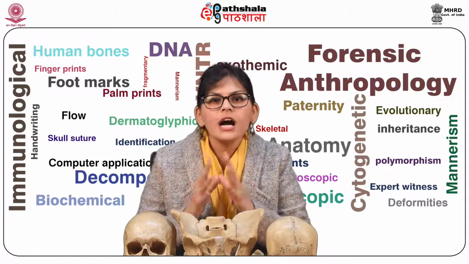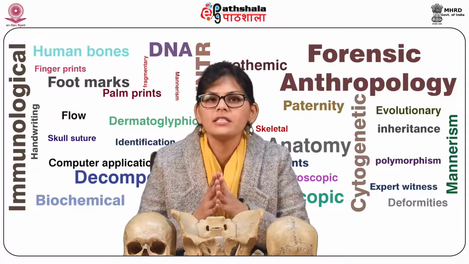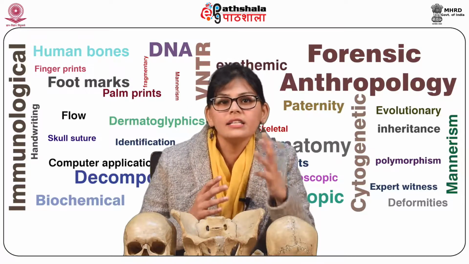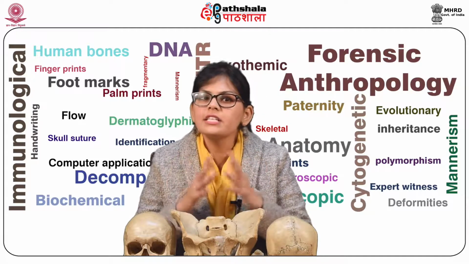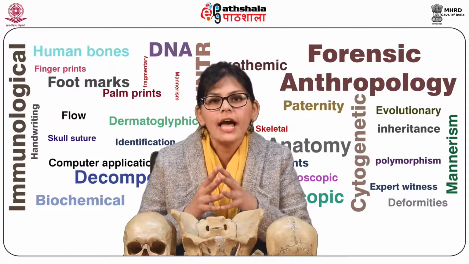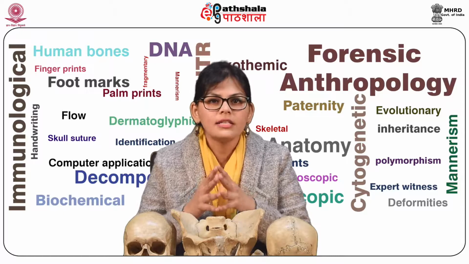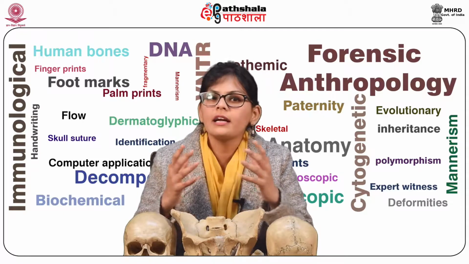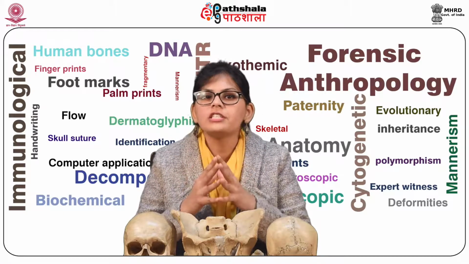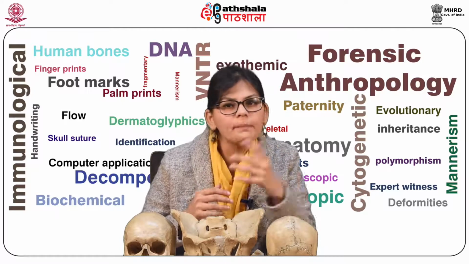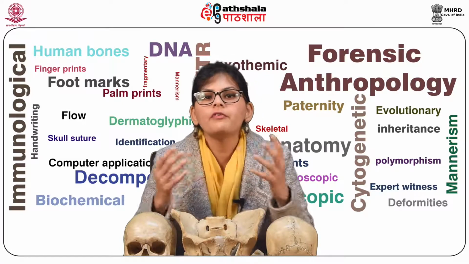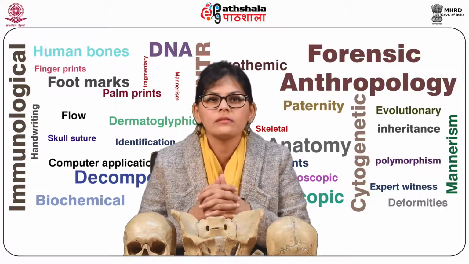The complete identification of the deceased would be rather difficult if the skeleton is incomplete and fragmented. Thus, it is necessary that the remains should be carefully retrieved by the recovery personnel or the forensic anthropologist.